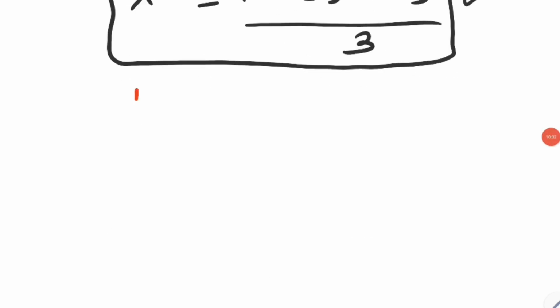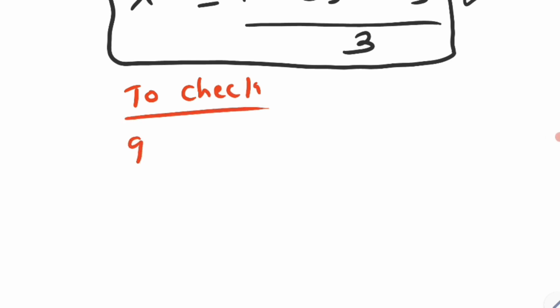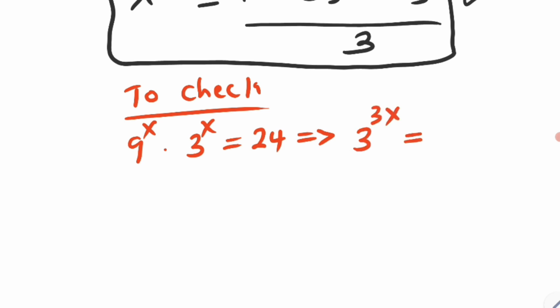Let's check. To check, we have the given equation 9 raised to power s multiplied by 3 raised to power s is equal to 24, and this is same thing as 3 raised to power 3s is equal to 24.